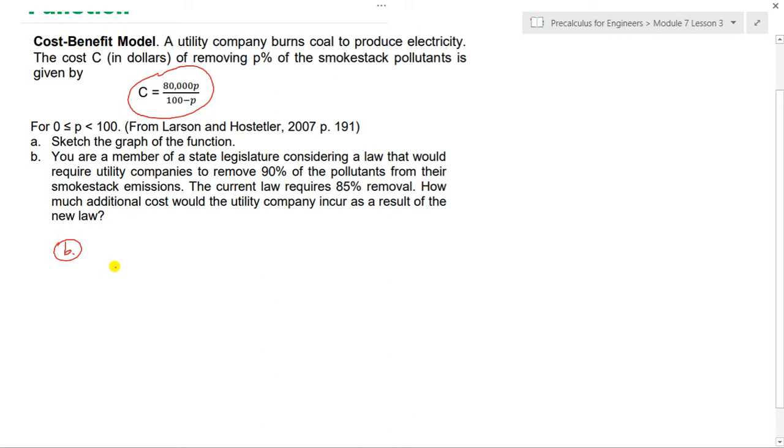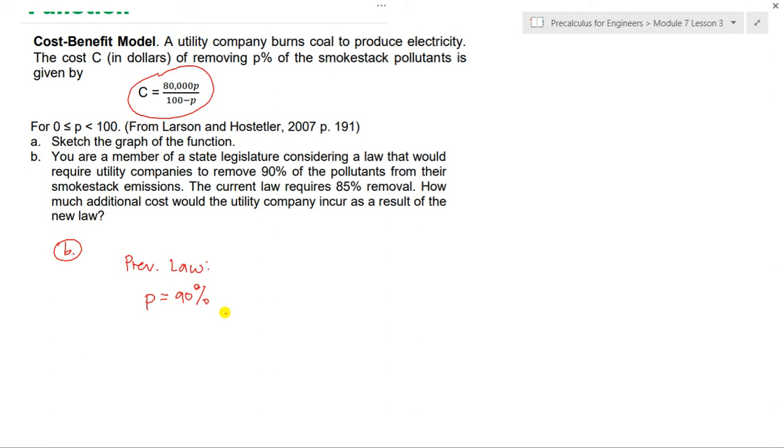So ang picture ani is that from the previous nga law, ang gi-required ra sa government is you have P of 90%. So mag-remove ka og 90% sa pollutants.